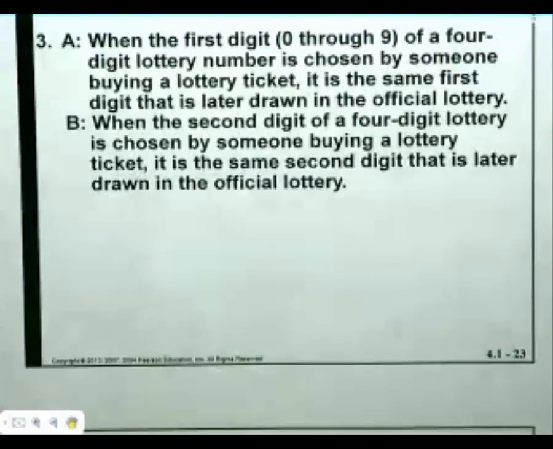Well, the first bin has the number 0 through 9. Second bin has 0 through 9. So do the third and fourth. How many numbers are in each bin? 10, because don't forget 0. There are 10 numbers in each bin.